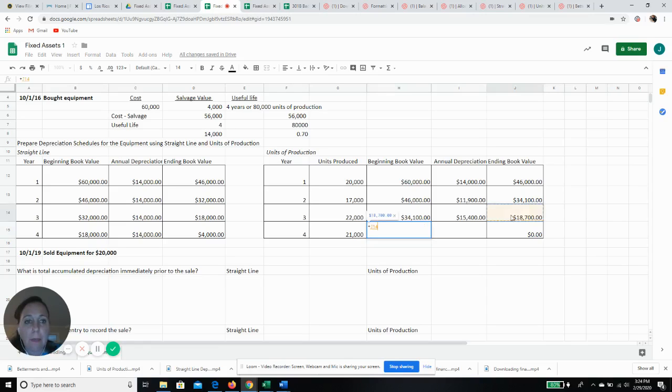That becomes my beginning book value in year 4, 18,700, and in year 4 we produced 21,000 units times the depreciation rate of 70 cents per unit, which gives us annual depreciation of 14,700 in year 4 and an ending book value at the end of year 4 of $4,000, which matches our salvage value.